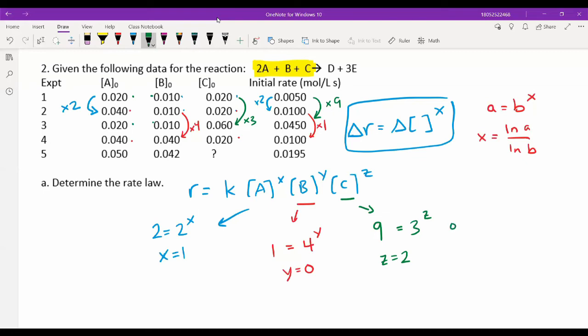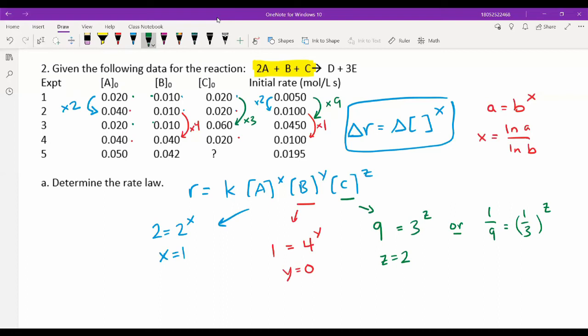So if you divided rate of experiment 1 by 3, you'd basically get 1/9, and then you could have also the concentration by 1/3. It's mathematically the same. And again, even if you had numbers, like 0.11 equals 0.33 to the z, you could solve it with this kind of log equation.